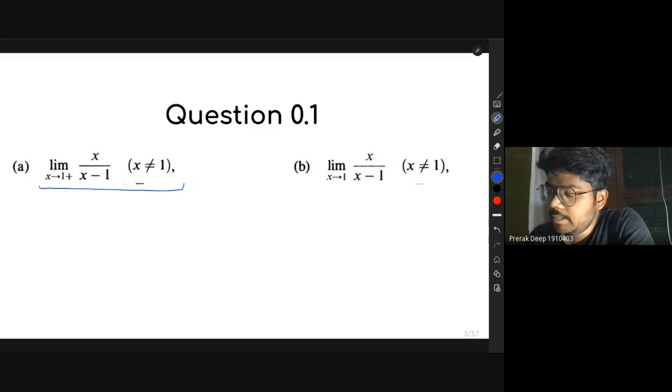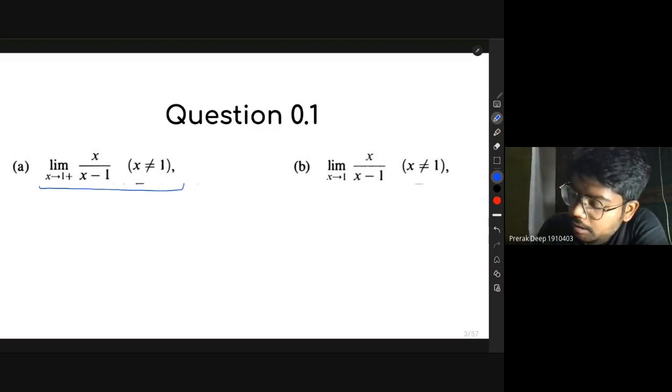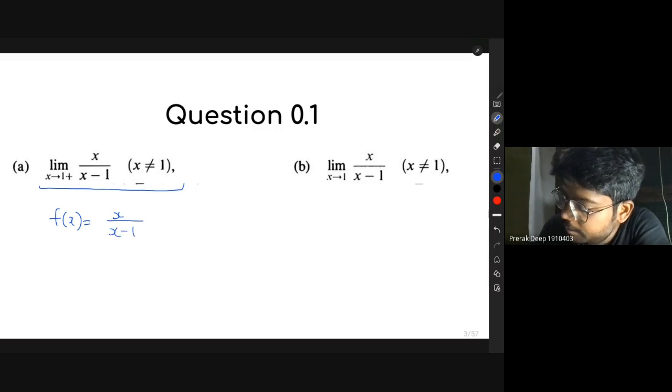So first of all, let us see what it means for x to tend to one plus, and then we will try to see the limit of the function. Clearly this function f(x) is x over x minus 1.